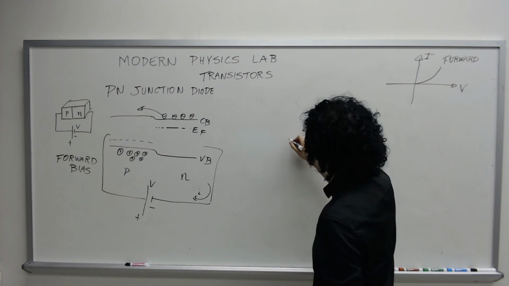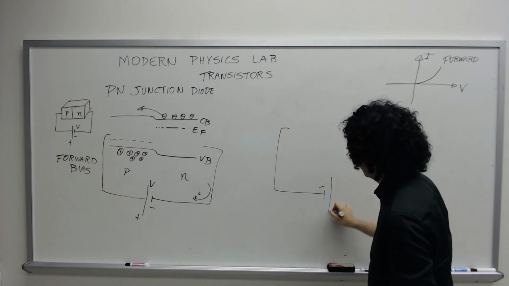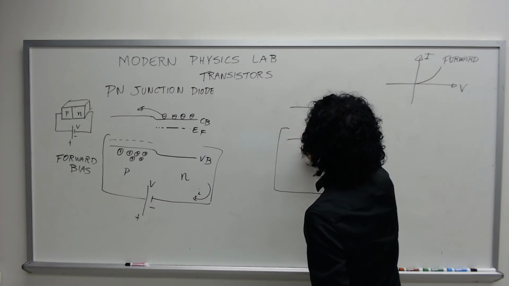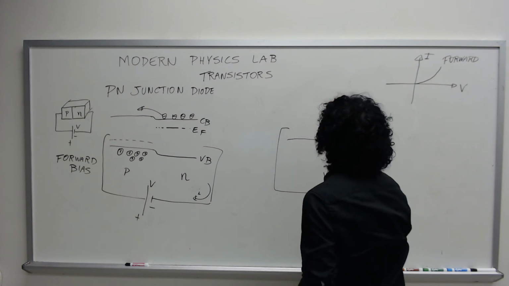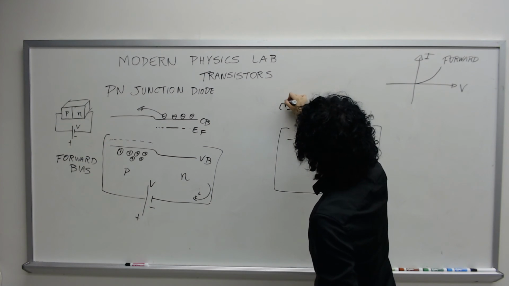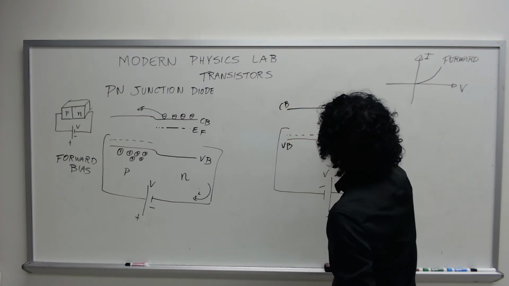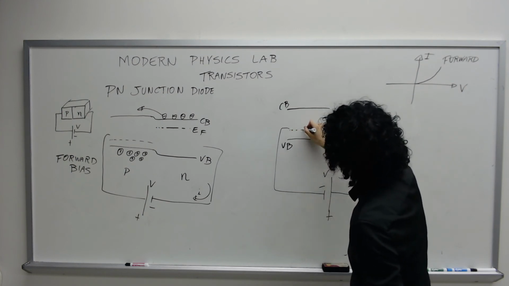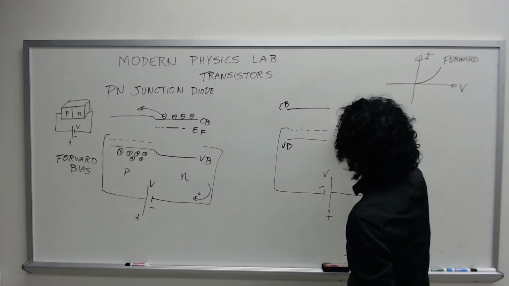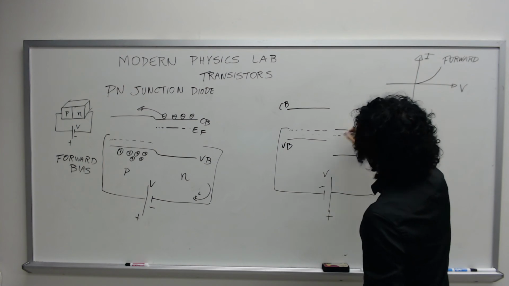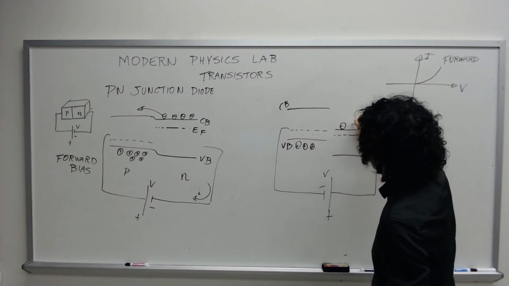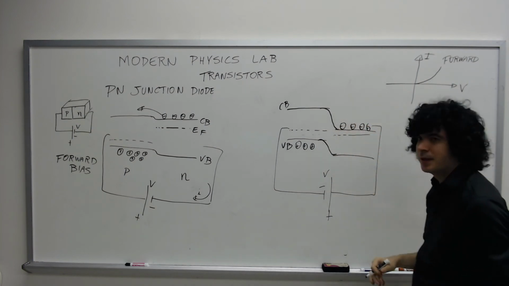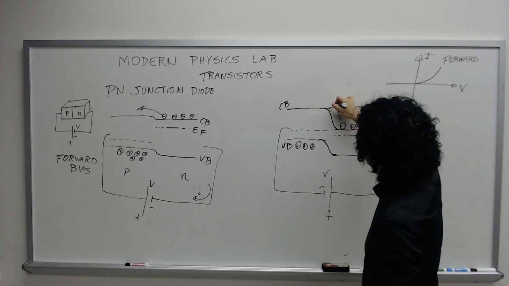So if you reverse the voltage, suppose now it's minus here and plus here, then this depletion layer, this potential barrier, will increase so that you cannot move electrons from here to here.